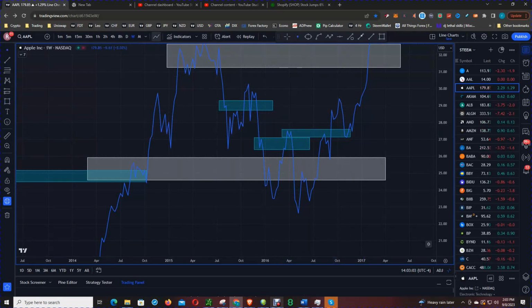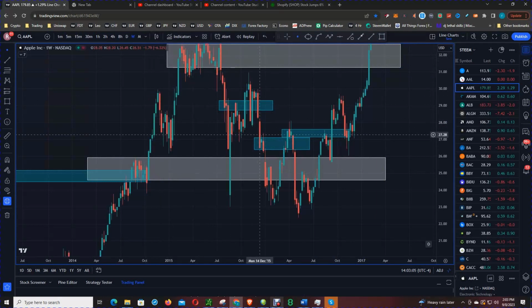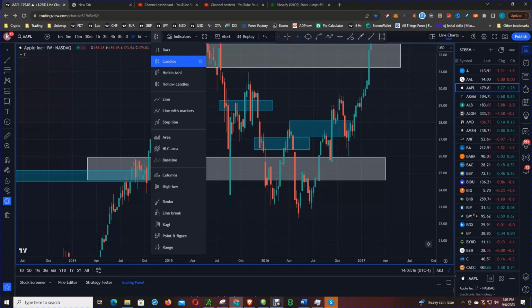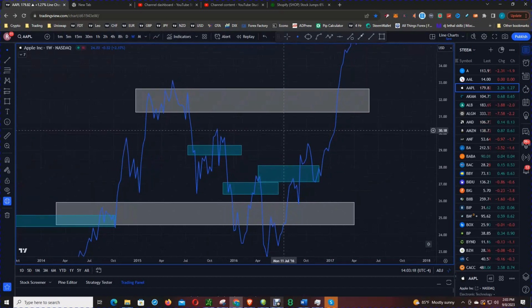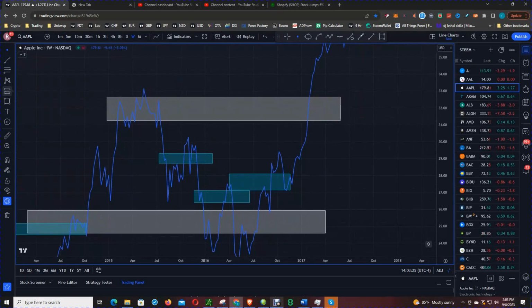All right, let's put on the candles. This didn't work out. This did, right? But you drew your zone like that. Then you got a rally, base, rally, nice level formation.